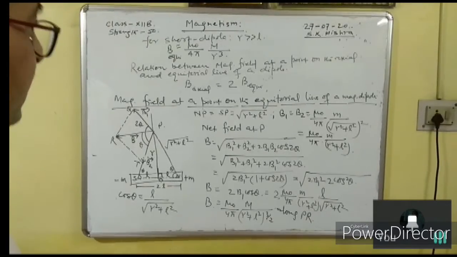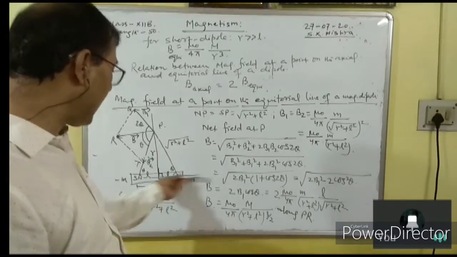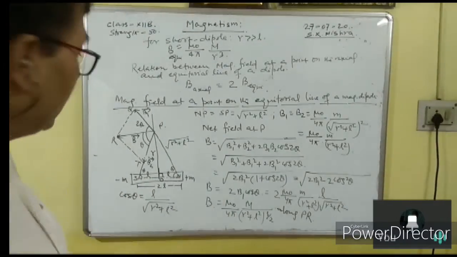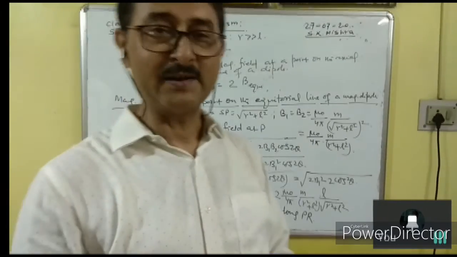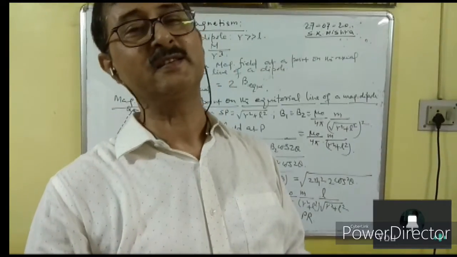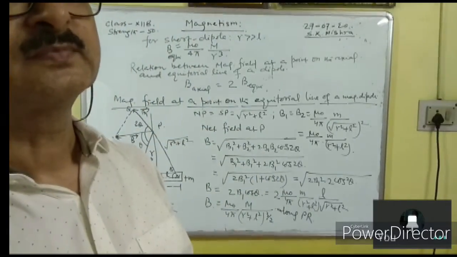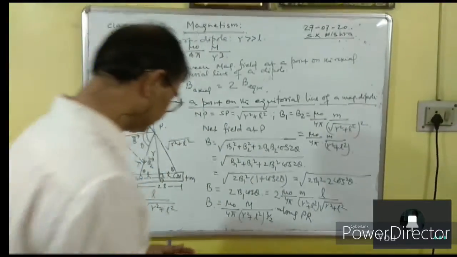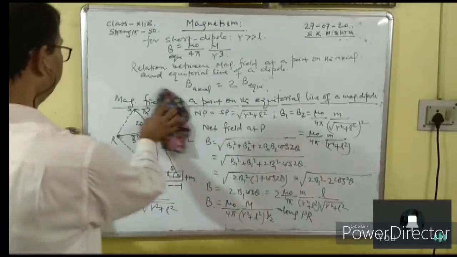But if it is a short dipole, in that case the angle of this vector is theta only, because B1 and B2 are equal. So the resultant will be along the angle bisector. It means this vector is anti-parallel to the magnetic dipole moment.